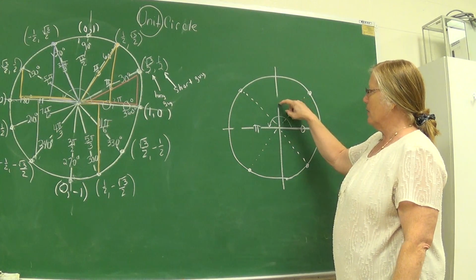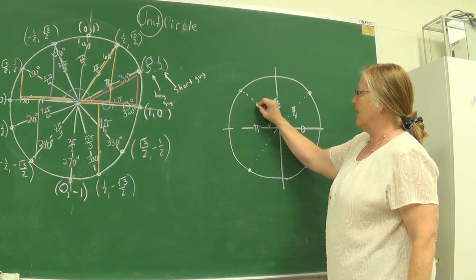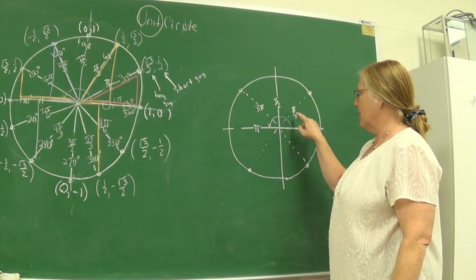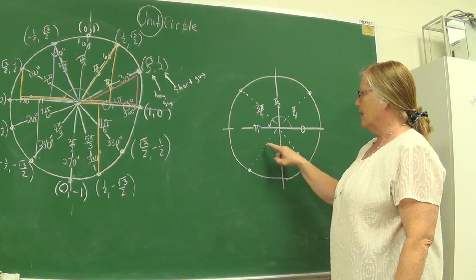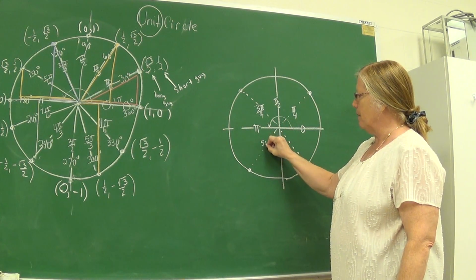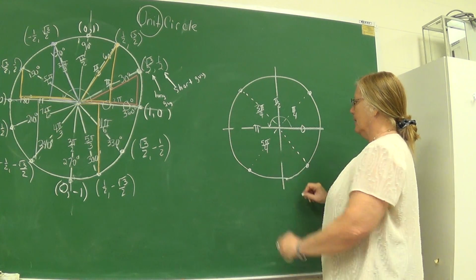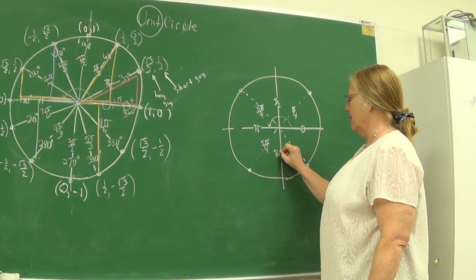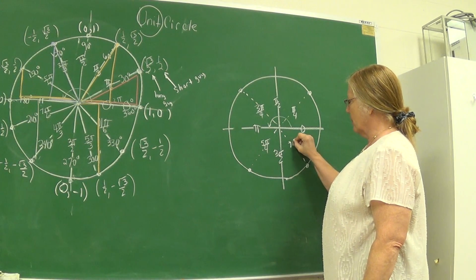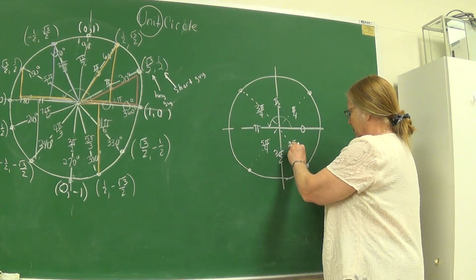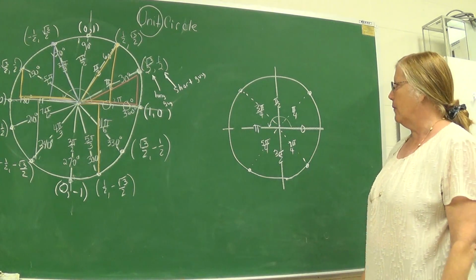So 1/4, 2/4 is pi over 2, 3/4, 3 pi over 4, 4/4 is 1 pi, 5/4, 5 pi over 4, 6/4 pi is reducible to 3 pi over 2 and 7/4 pi. So it's going around to 7/4 pi, similar to how we did with sixths, but only with fourths.